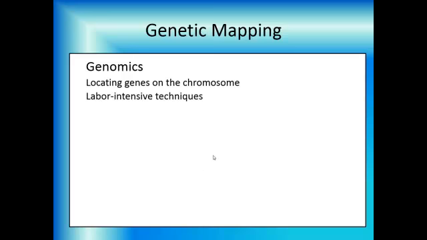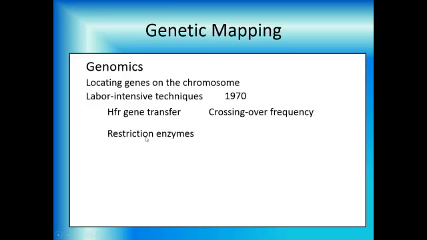Now, it used to be very labor intensive up until about 1970. We would use high frequency recombinant gene transfer. We would look at crossing over frequency, so we'd have to take the organisms and breed them and see what the phenotypes of the children were and at what frequency.